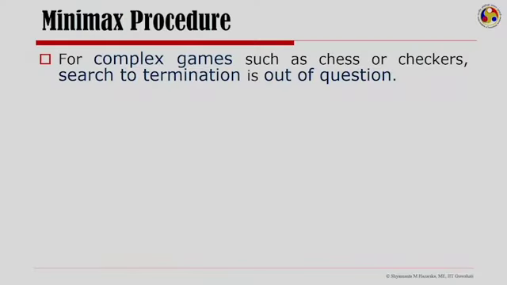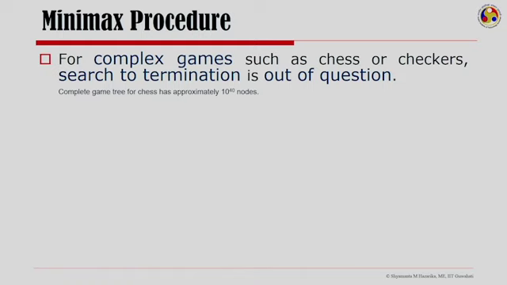Now let's look at how one gets to know the first best move in such a board game. It is important to realize at this point that for many complex games such as chess and checkers, search to termination is out of the question.